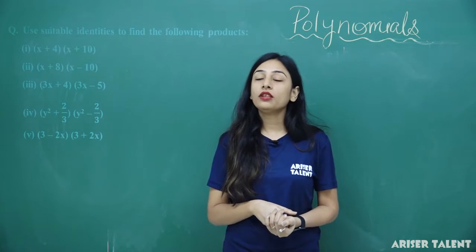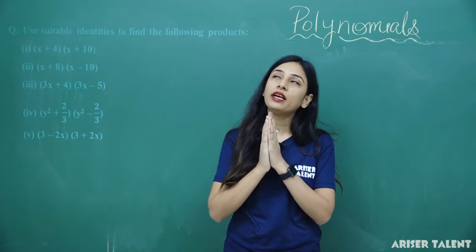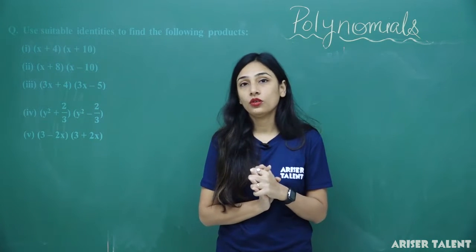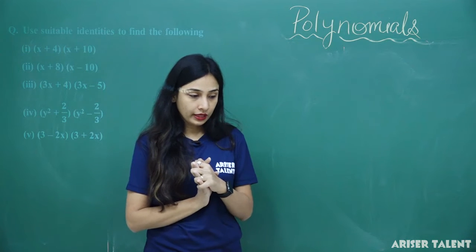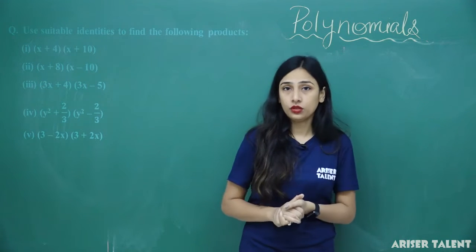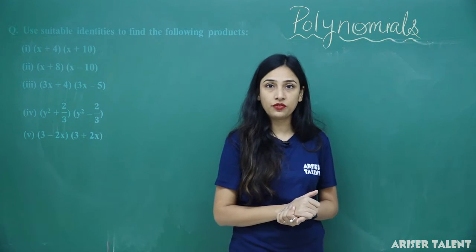How will we do that? If you are having a number like 104, you can divide that number into 100 plus 4. This is a plus b format. In our case this is x plus y format.